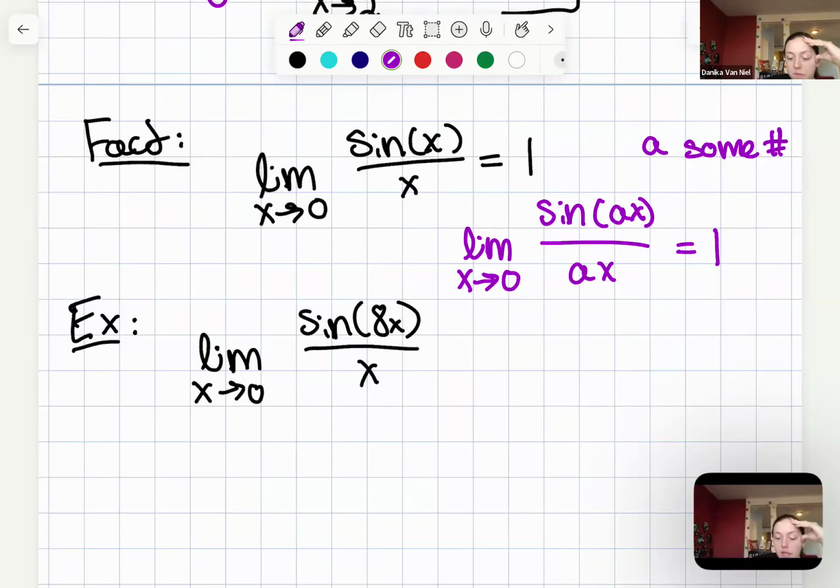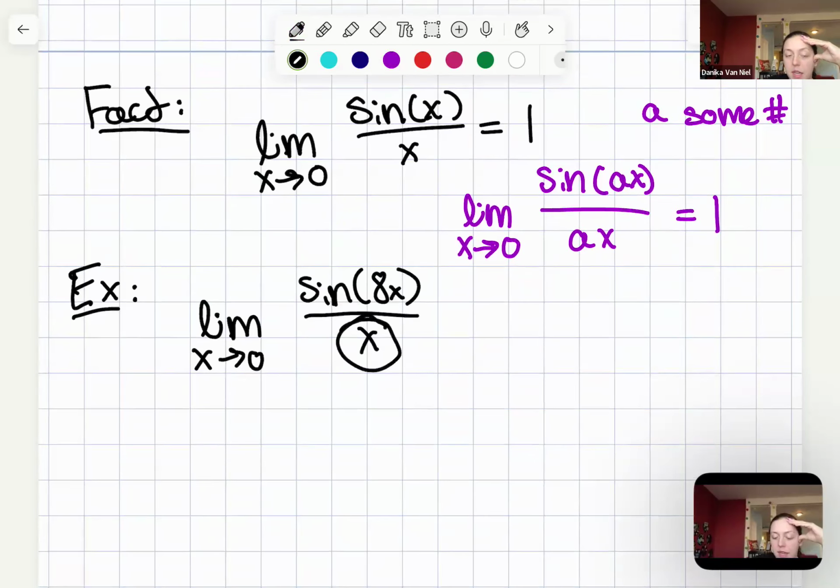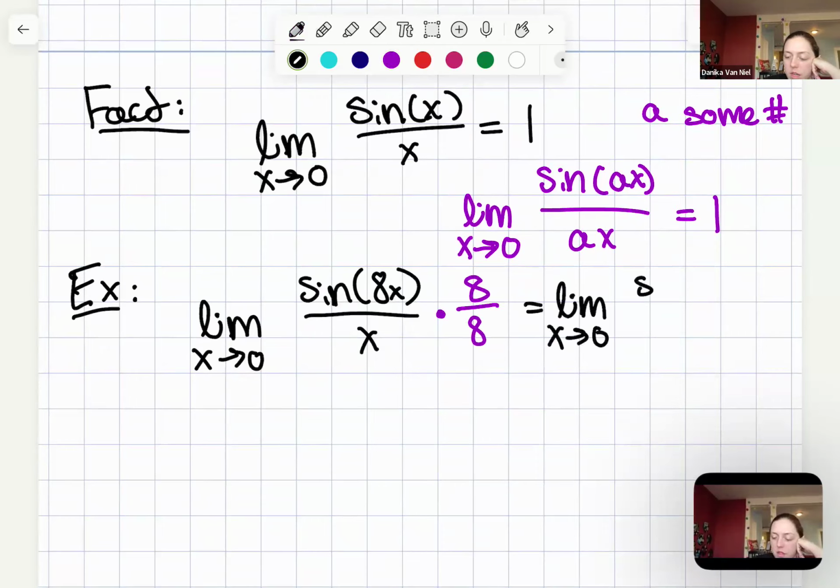So here, I want to make my denominator look like 8x. But I can't just multiply my denominator by 8, because that's going to change the number. What I can do is multiply by 1, just maybe a funky looking one. Maybe I'll write the 8 out here.